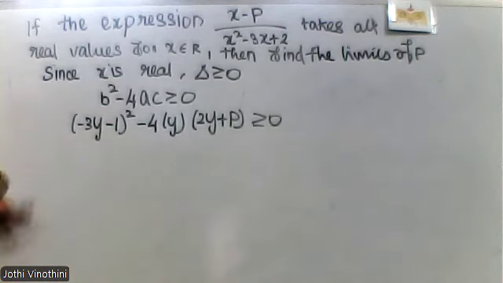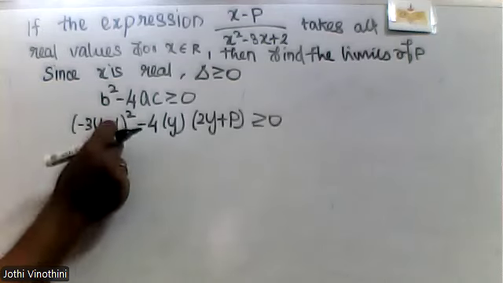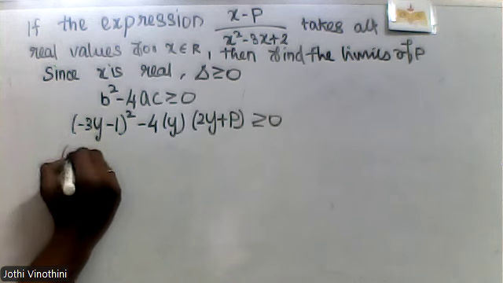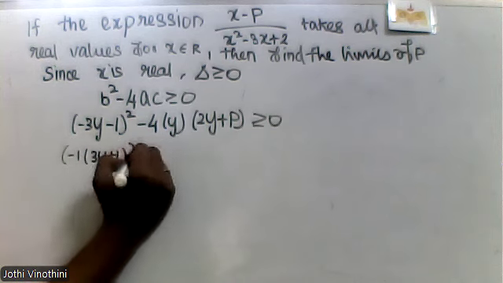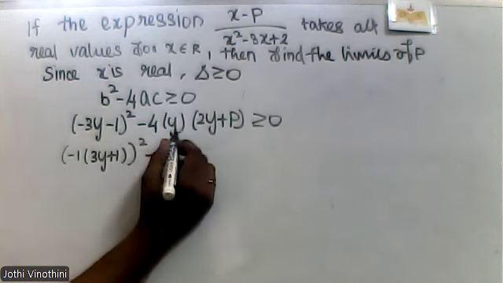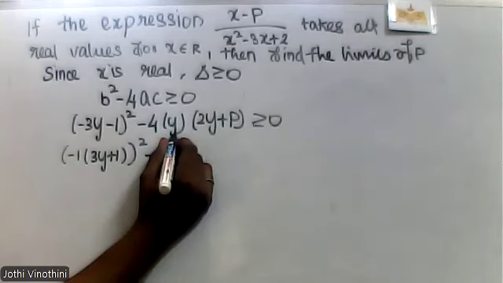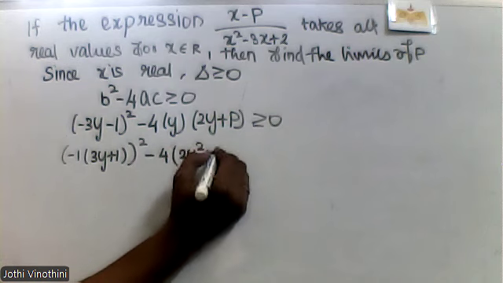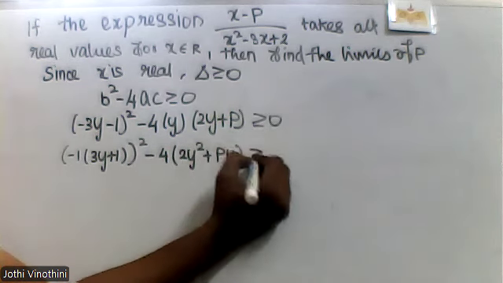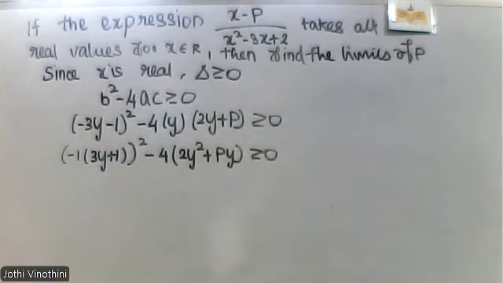So now I am going to simplify this one. See, in both the terms we have minus, so I'm going to take minus 1 common. So 3y plus 1 the whole squared. So minus, I'm going to take this y inside, so it becomes 2y squared plus py must be greater than or equal to 0.